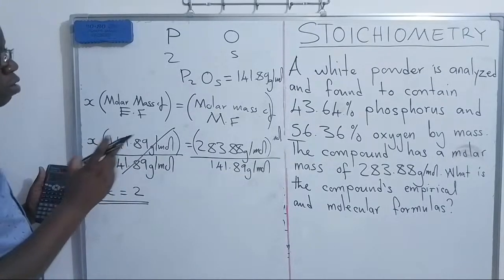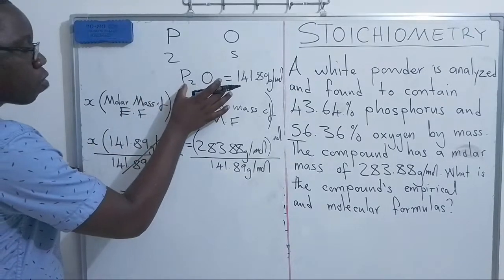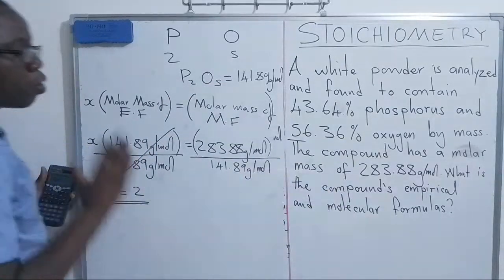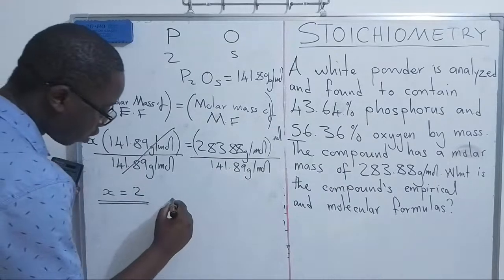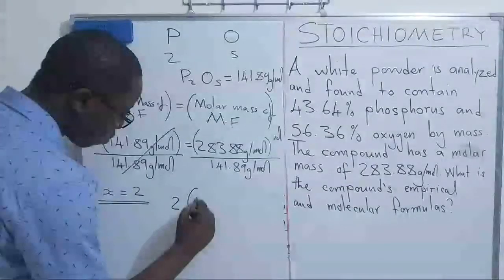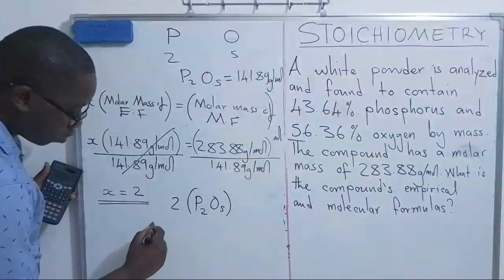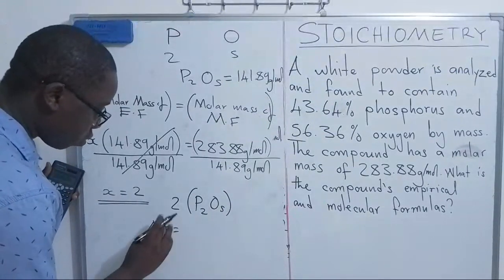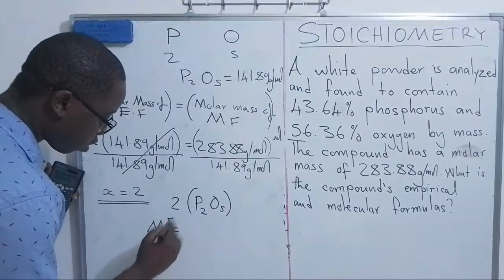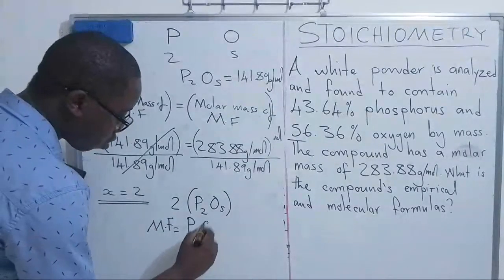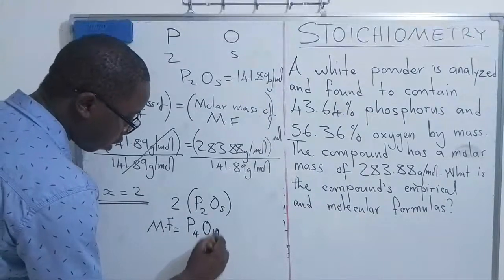This simply means this empirical formula should be multiplied by 2 for us to get the molecular formula. So the molecular formula will be equal to P4O10.